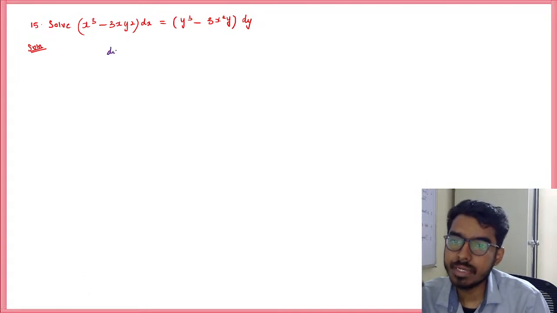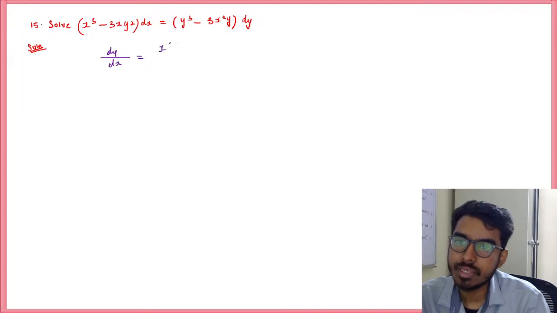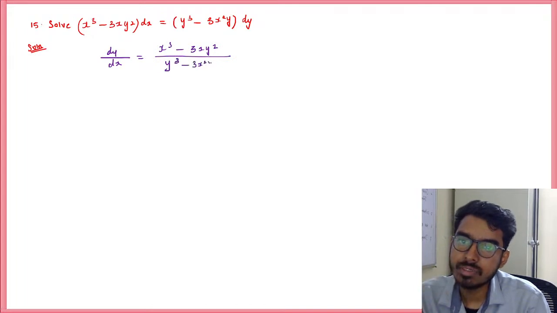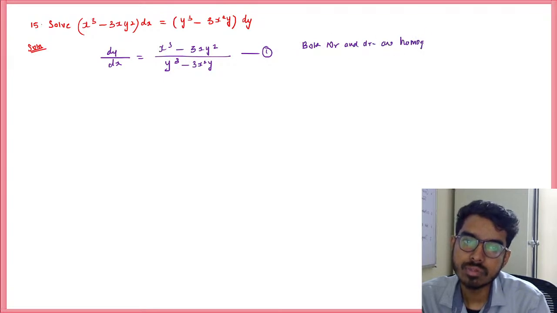So we have dy by dx is equal to x cube minus 3xy square divided by y cube minus 3x square y, and both are homogeneous functions. Both numerator and denominator are homogeneous functions of degree 3, right?